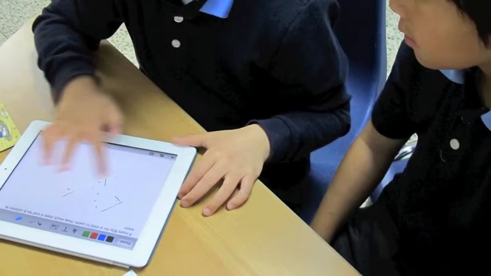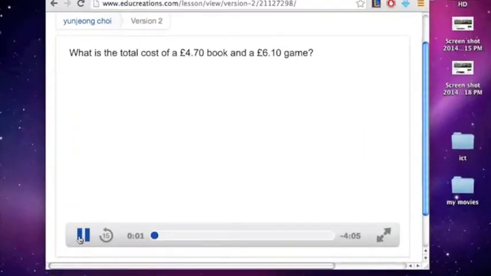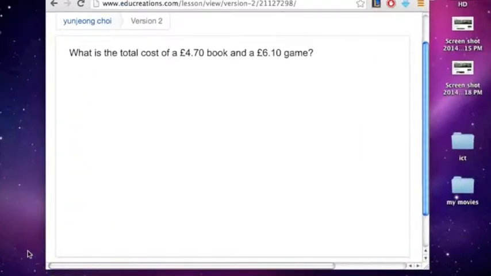Here are some examples. Hello everybody, my name is Yoon-jung and my name is Isaac. Today we'll tell you how to do money problems. It's really easy. Now Isaac, can you read the question for me? What is the total cost for a £4.70 book and a £6.10 game? Okay, Isaac, don't you think it's plus because it said total?